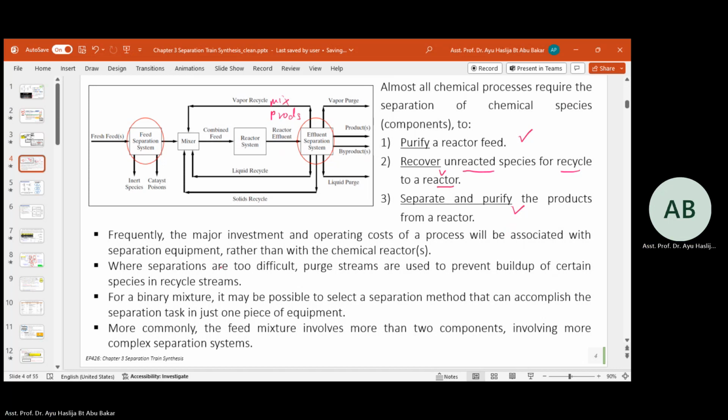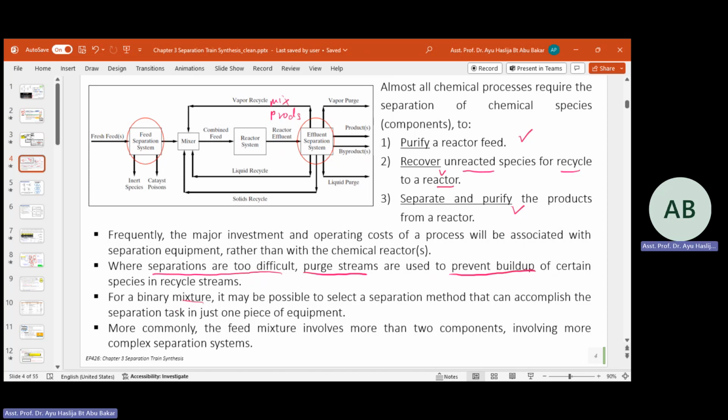Where separations are too difficult, purge streams are used to prevent the build-up. This one we had discussed earlier on the separation heuristics. There are three cases for the separation.